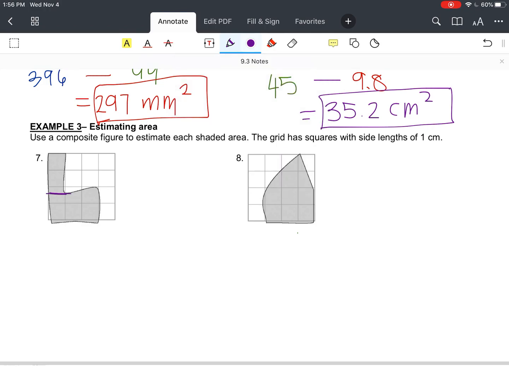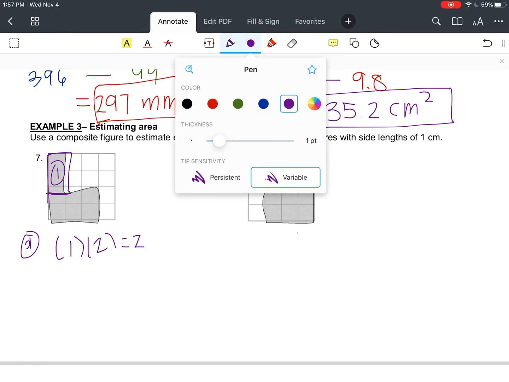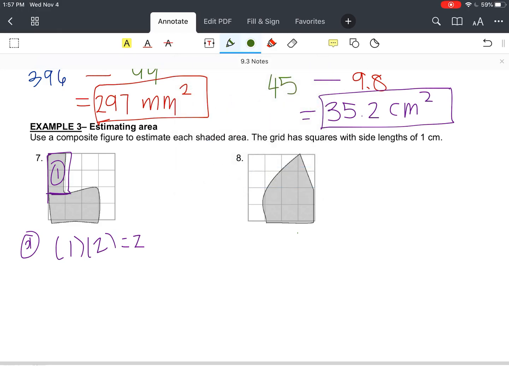Number 7 and 8, estimating area. So again, break it up into shapes that you know. I'm going to break it up like this. This roughly is a rectangle. That's 2 by 1. And so base is 1, height is 2. 2 times 1 is 2.